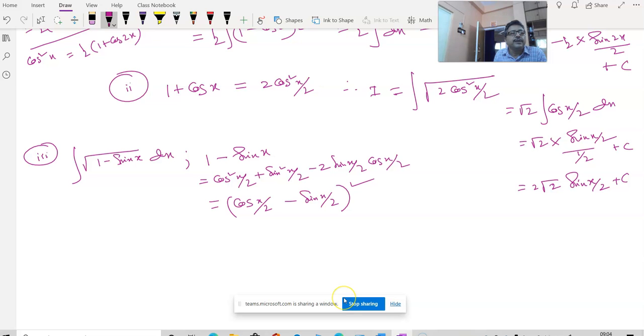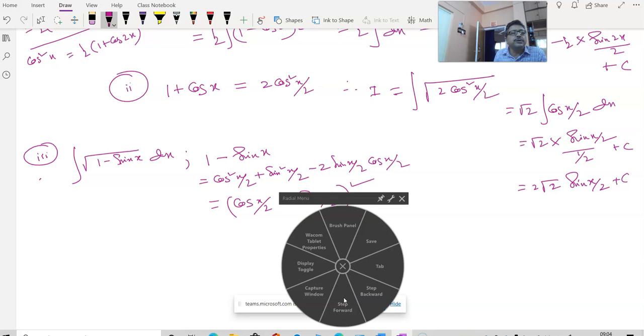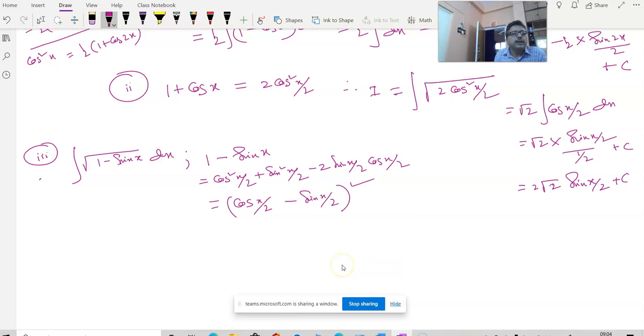So here, this under root, you are going to get this thing as cos x by 2 dx.